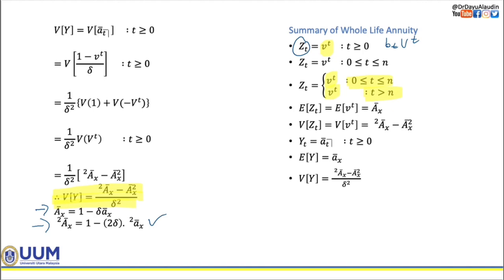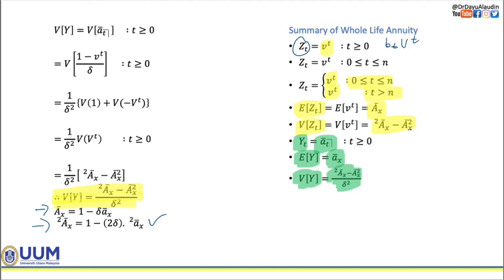It can happen at any time. So the expected value of Z_T is the insurance, and the variance is this one. And Y is the present value. The expected value of the present value gives us the whole life annuity. And this is for the variance of the whole life.